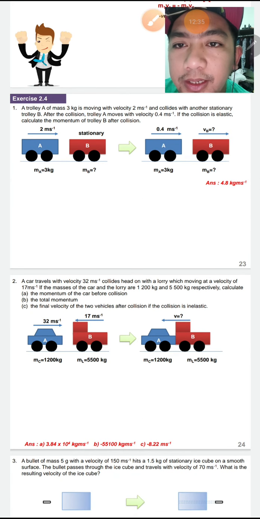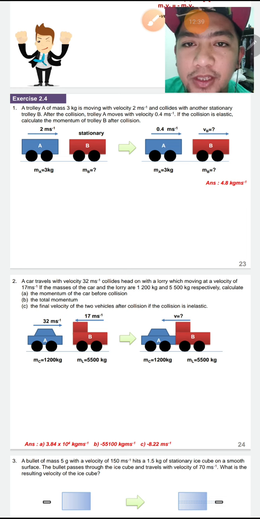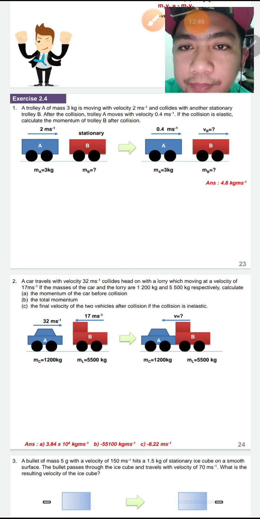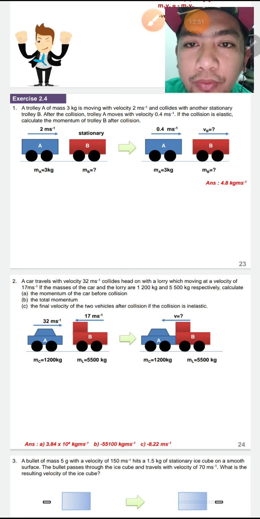A trolley A of mass 3 kg is moving with velocity 2 meters per second and collides with another stationary trolley B. After the collision, trolley A moves with velocity 0.4 meters per second.